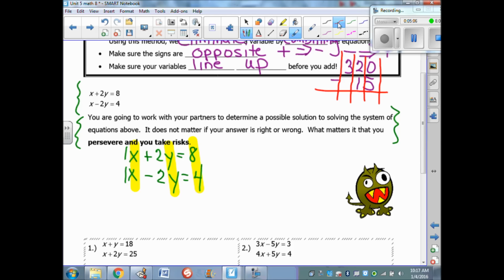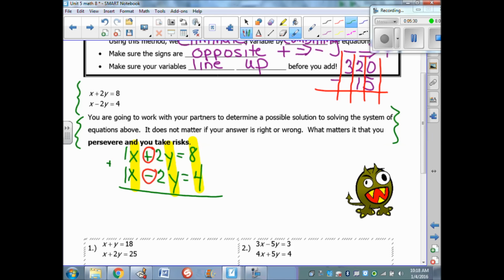Right now, I see a plus 2y and a minus 2y. When you think in your head, plus 2y minus 2y, what happens? Hopefully you're saying that it's 0. That's correct. Let's combine these equations.